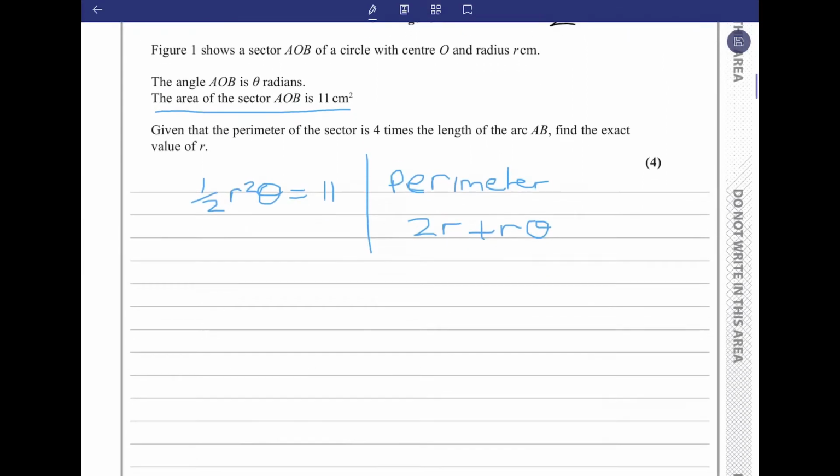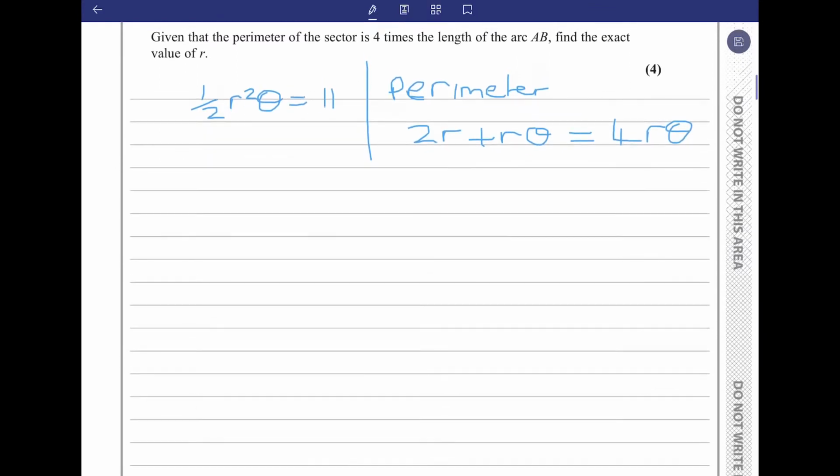And it says that this expression is 4 times the length of the arc AB, so this actually equals 4r theta. Now from here, we can manipulate this expression to get a value for theta. We can move the r theta to the right hand side, and we get 2r equals 3r theta, and then divide by 3r to get our value for theta. This symbol here means implies.